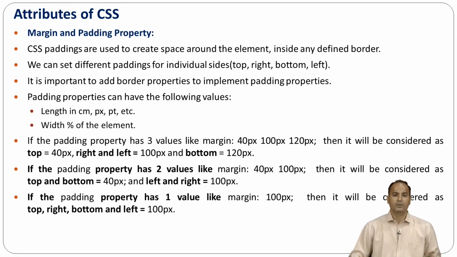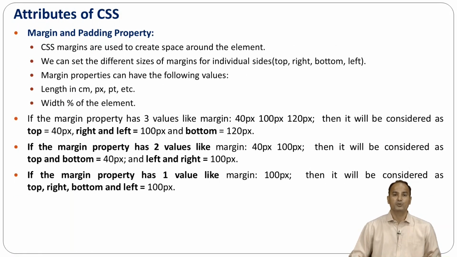If the padding property has two values like margin 40 pixels and 100 pixels, then top and bottom would be 40 pixels and left and right would be 100 pixels. In the same way, if the padding property has one value like 100 pixels, then it will be set for top, bottom, left and right to 100 pixels.